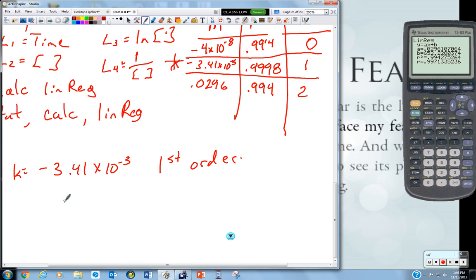Then you're going to write your rate equation. So rate equals k times N2O5 to the first. And then you could potentially solve for k if you wanted to using some of the information, or you already know that your k is the absolute value, so it's not a negative. K is the absolute value of the slope, so it's 3.41 times 10 to the negative 3.